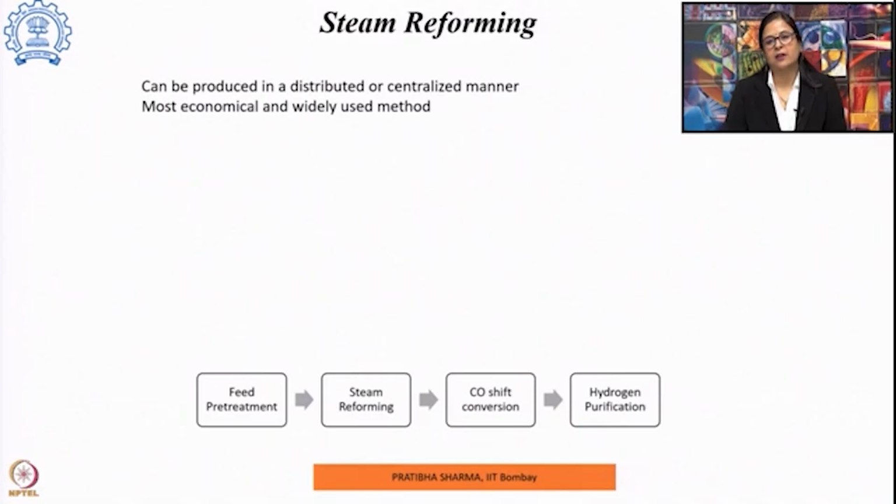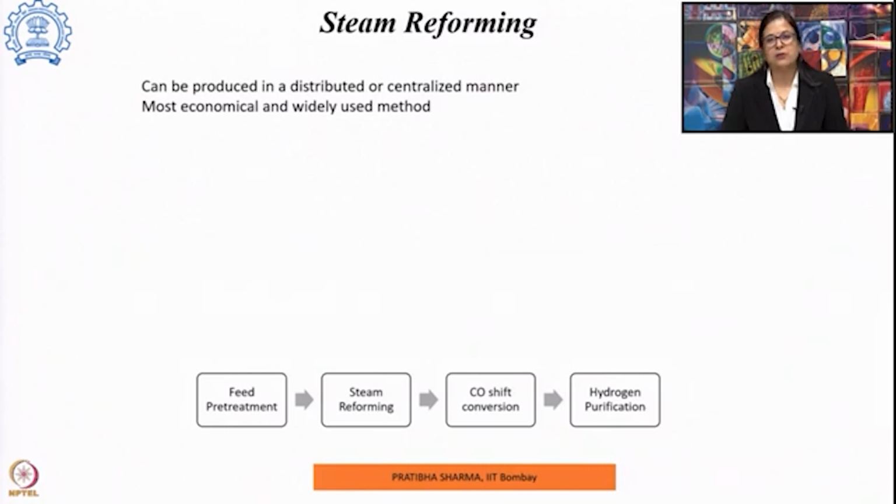Distributed manner where the requirement of hydrogen is small, at the same time if it is locally produced on site such that it can fuel the requirements of maybe smaller end use applications or refueling station, so that we can save in terms of the energy which is required for transportation as well as distribution. At the same time, economies of scale works well.